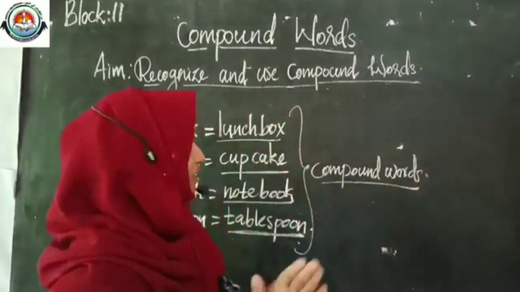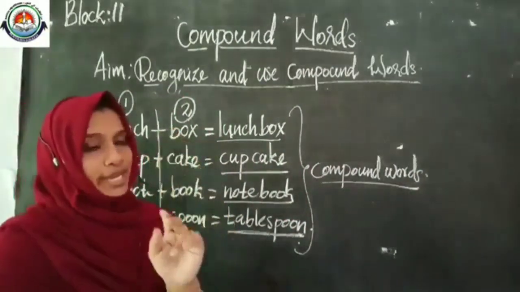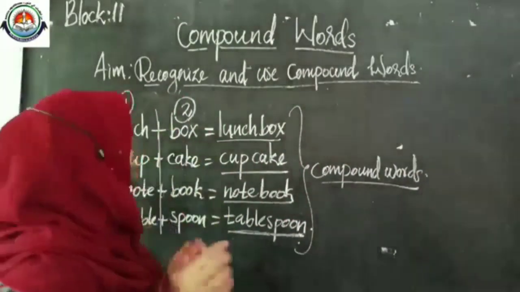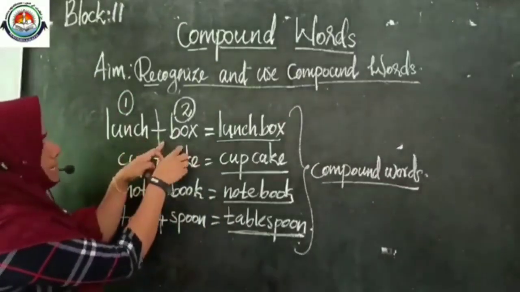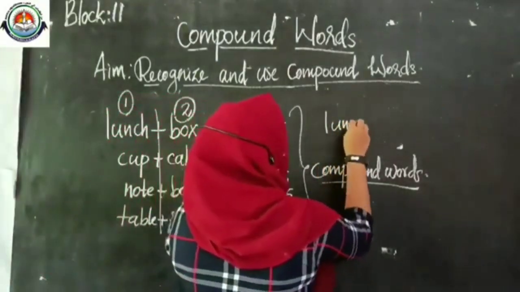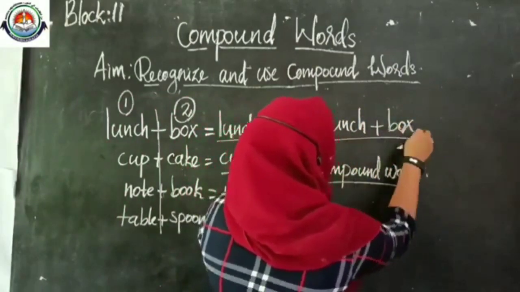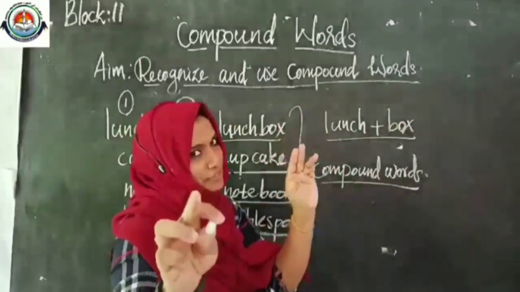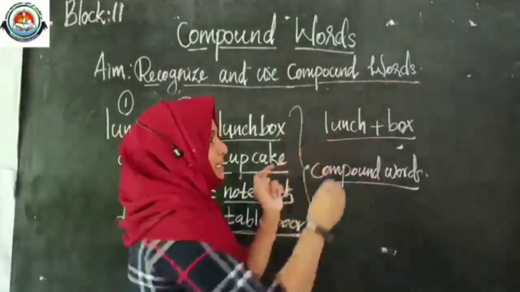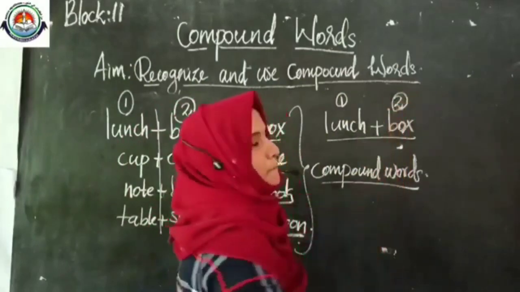Because here we have put two words together to make a new word. See, here lunch plus box, lunchbox. Let's take this example. Lunch plus box, lunchbox. So here we have divided them into two parts. Number one, lunch, and two, it is box.